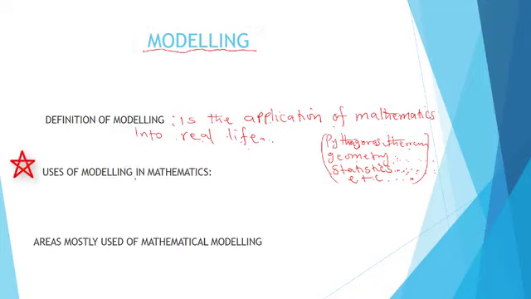Now, uses of modeling in mathematics. Modeling can be used in the industry. It can be used by consumers. It can be used by the government.